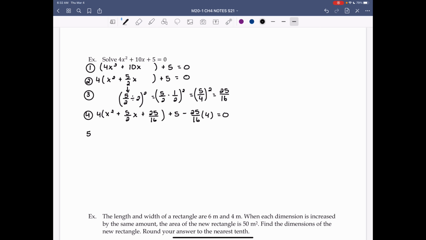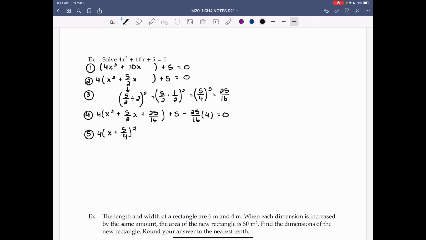And step 5, let's simplify. 4 bracket, the square root of x squared is x. The square root of 25 over 16, square root of 25 is 5. Square root of 16 is 4, so 5 over 4. The sign from the middle term is plus, so plus, close the bracket, that binomial is squared.